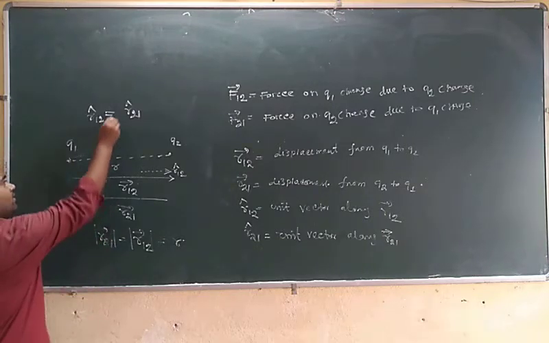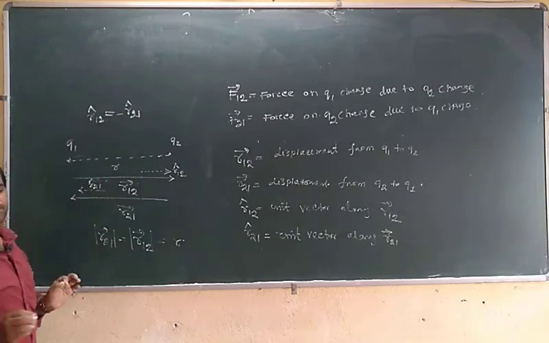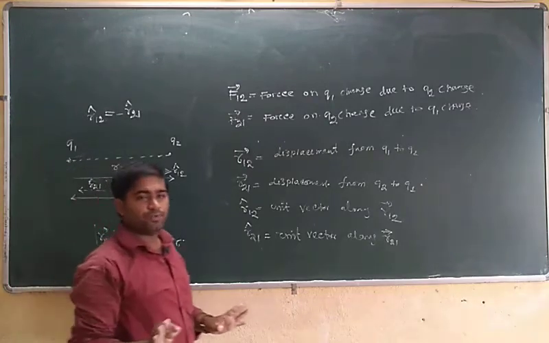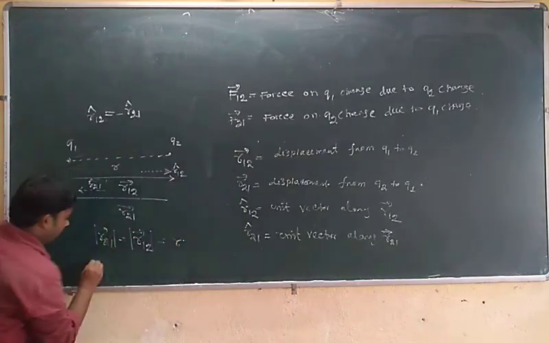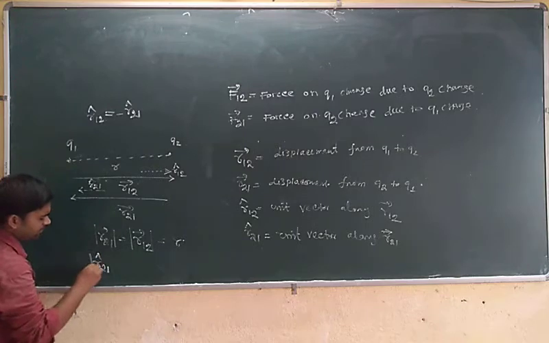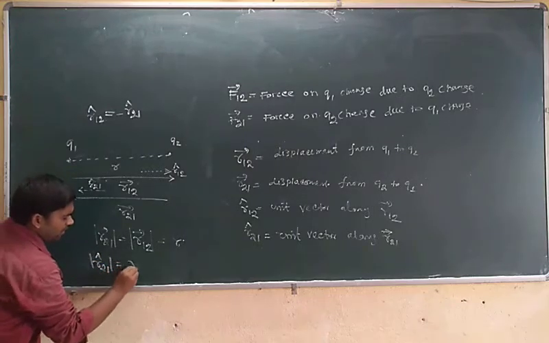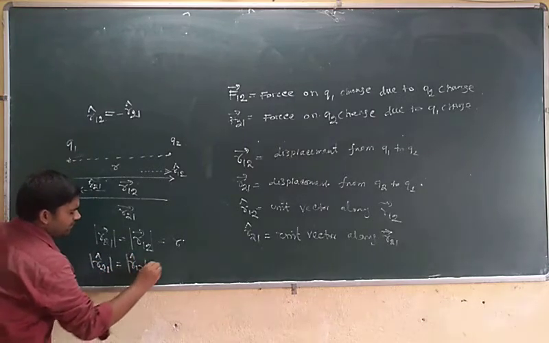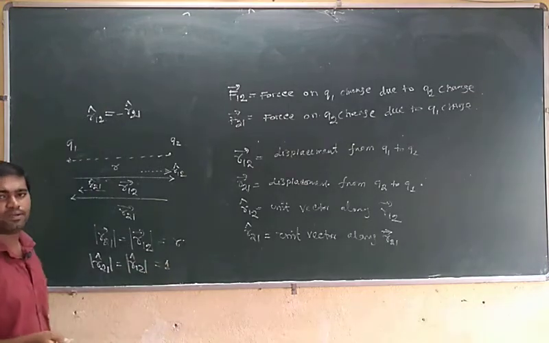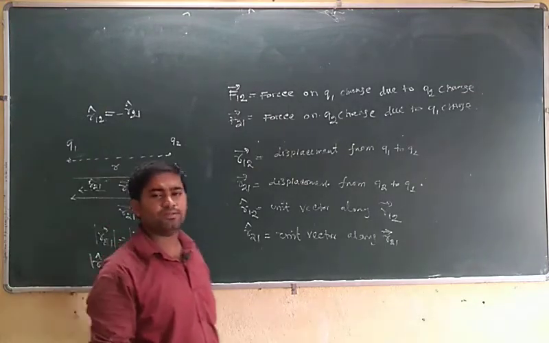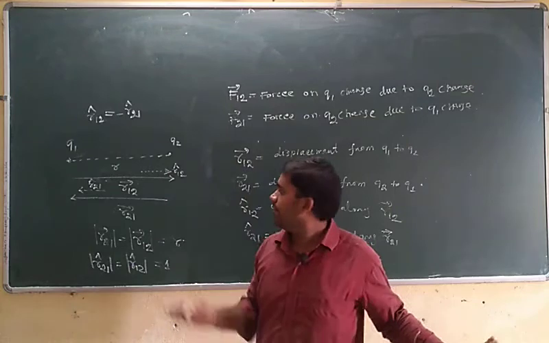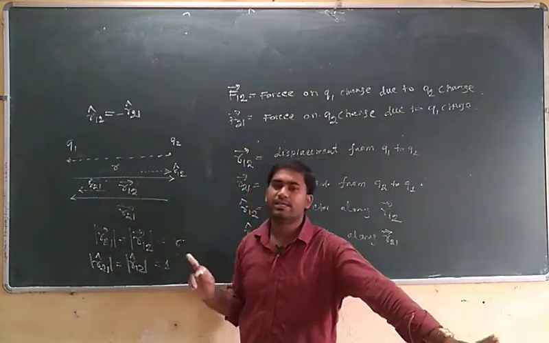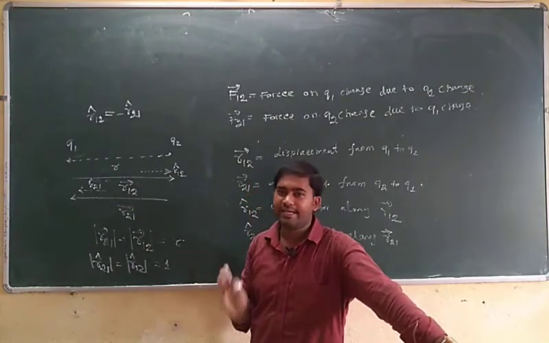There is a negative sign between the two unit vectors, because the magnitude of the unit vector R21 cap or R12 cap is always 1. If both vectors have the same magnitude but act in opposite directions, they are called negative vectors.